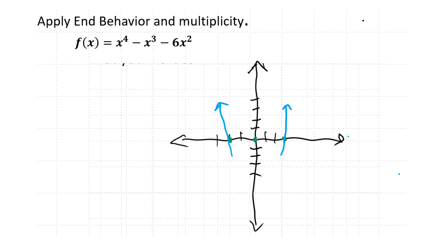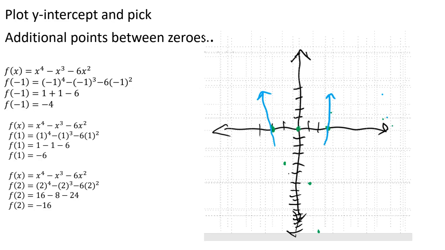Okay, so now we pick additional points. So I could pick a point all the way over here to the right or all the way to the left, but maybe what I'm more interested in is what happens in between my end behaviors here. So I'm going to use -1, 1 and 2.